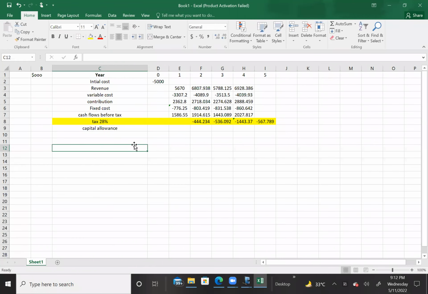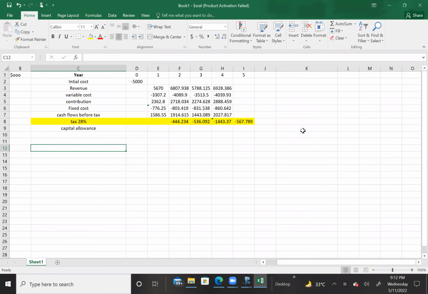Then we have to calculate the capital allowance. And here we will perform the working of the capital allowance.